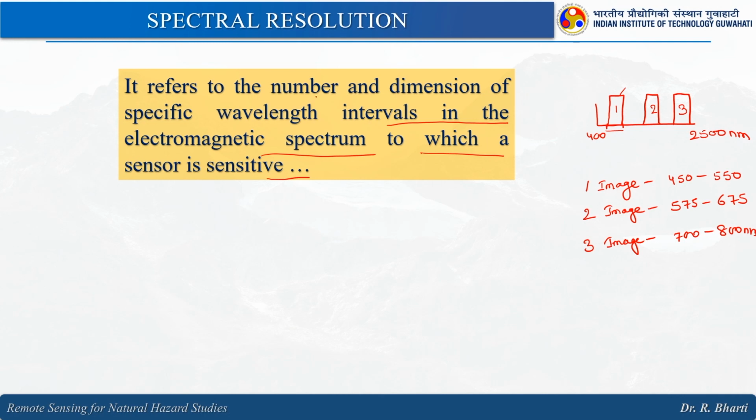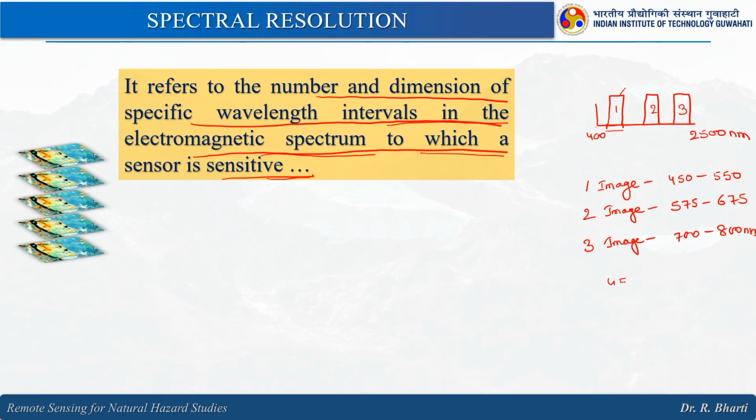So, it refers to the number and dimension of the specific wavelength intervals in the electromagnetic spectrum to which a sensor is sensitive. The first one is this whole wavelength, so I will write 450 to 800 nanometer, that is my first information about the spectral resolution.